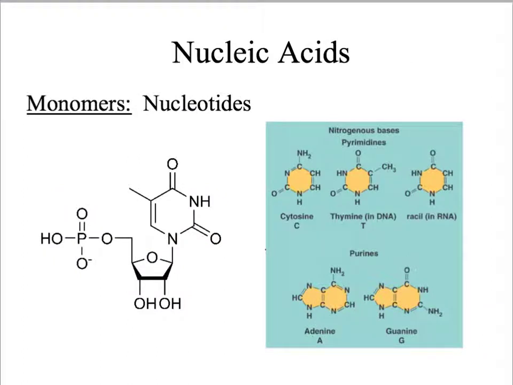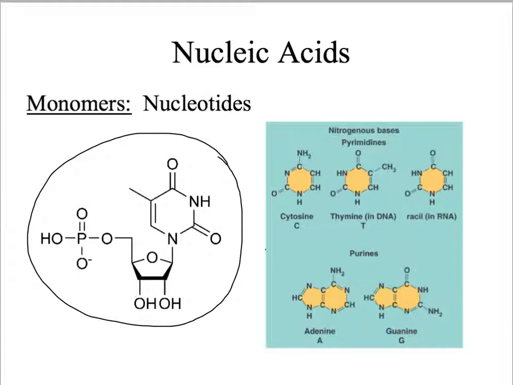All right, the next topic, as I said, we're going to cover 2 in this video, is the nucleic acids. Again, starting with a monomer. A monomer, or a building block for nucleic acids, is a nucleotide. And the pretty complicated structure for this is this one right here. It's got 3 parts. It's got a sugar. We'll talk more about this when we talk about nucleotides later on in the year. But it also has a phosphate.